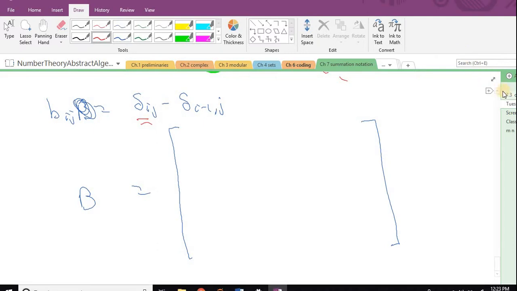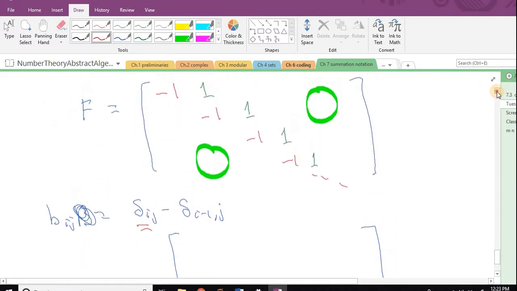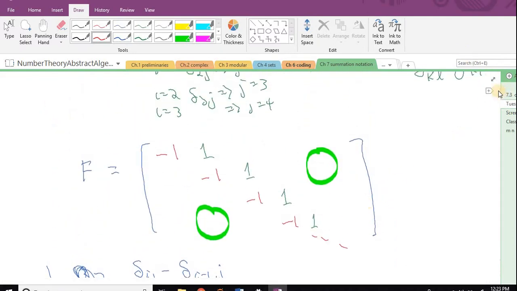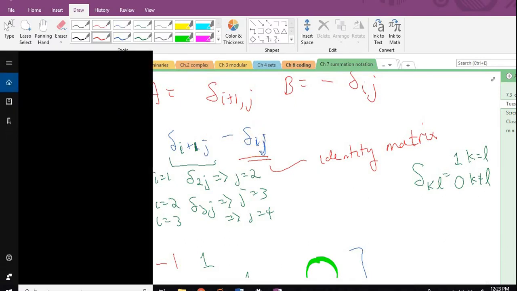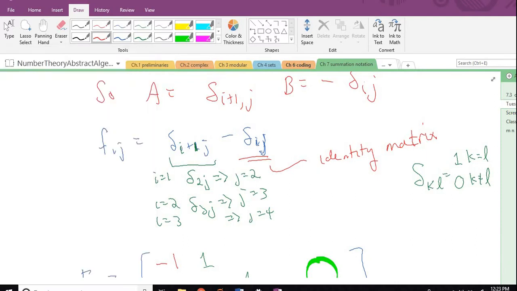What non-zero entries is that going to give me? Well, we did the same thing up here, right? We had a delta_ij up here, and what did that give us? This one gave us the identity matrix.